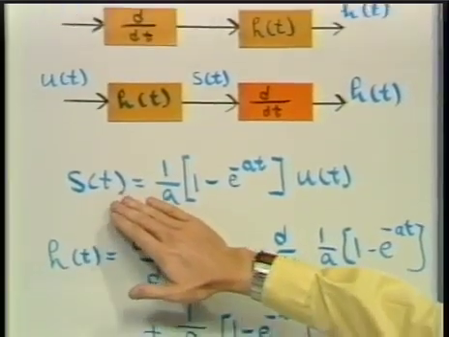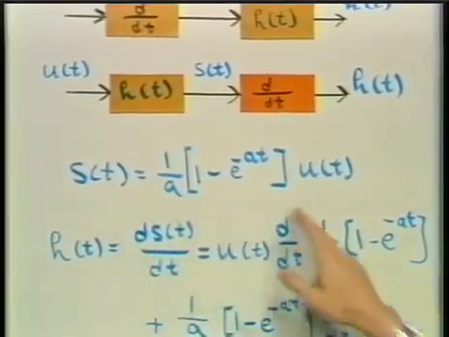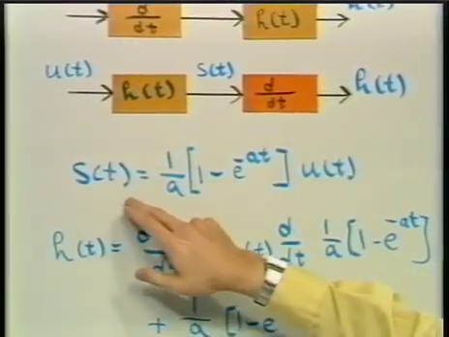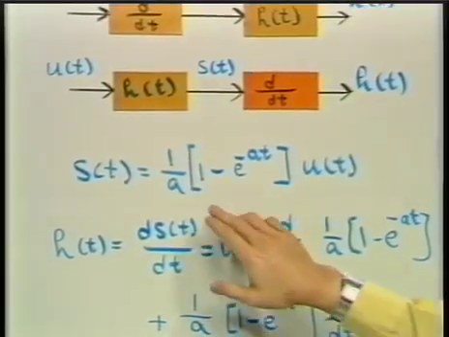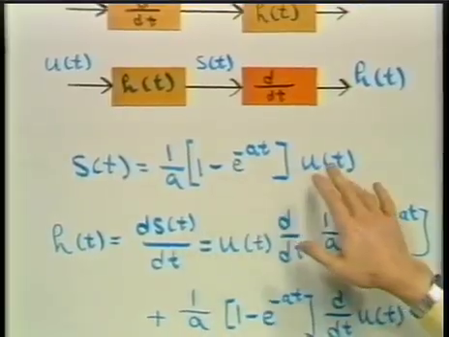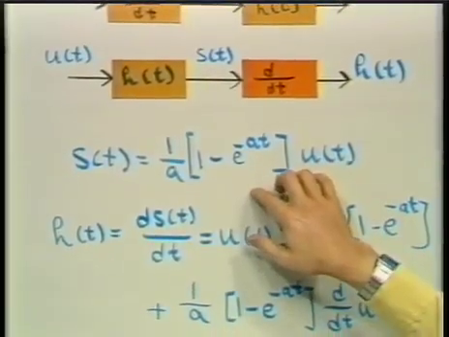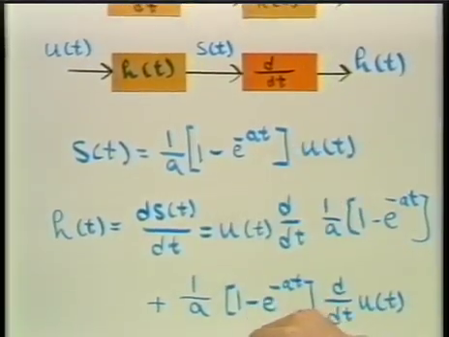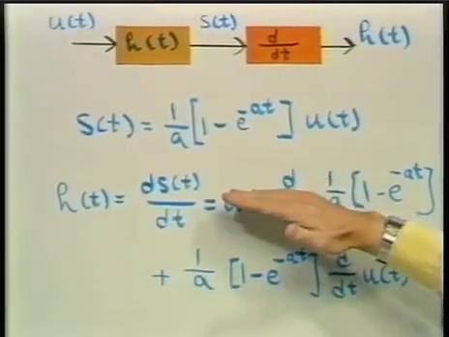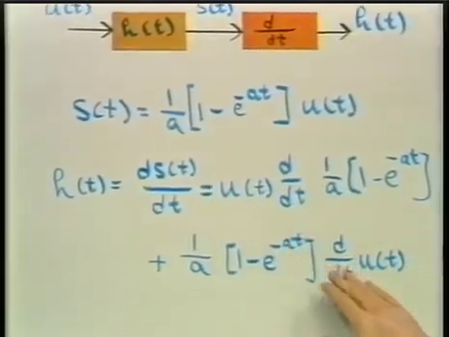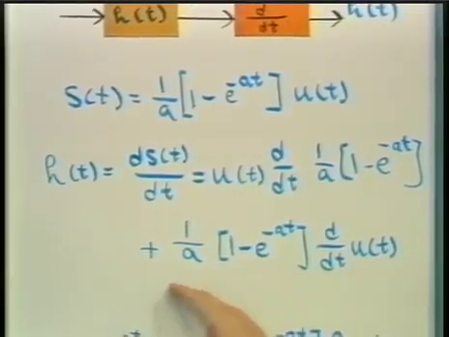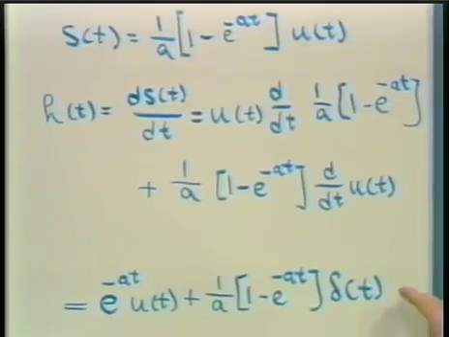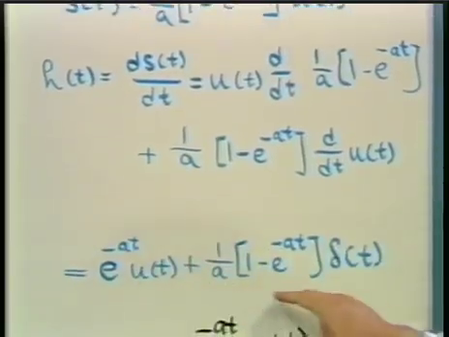Here again is the step response as we just worked it out, this time for a unit step. If we differentiate, since the step response is the product of two terms, the derivative of a product is the sum of the derivatives, and carrying that algebra through and using the fact that the derivative of the step is an impulse, finally we come down to this statement for the impulse response.